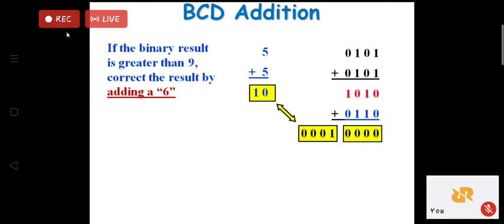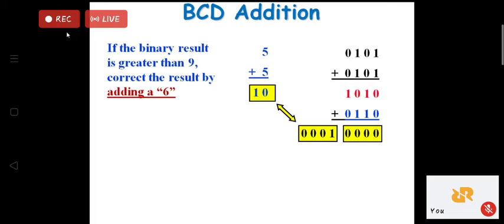Now what is said in this particular slide is that when the BCD addition goes above 9, any number like 10, 15, 20, 25, 80, 500, 700, you have to add 6 to the result of the binary addition.